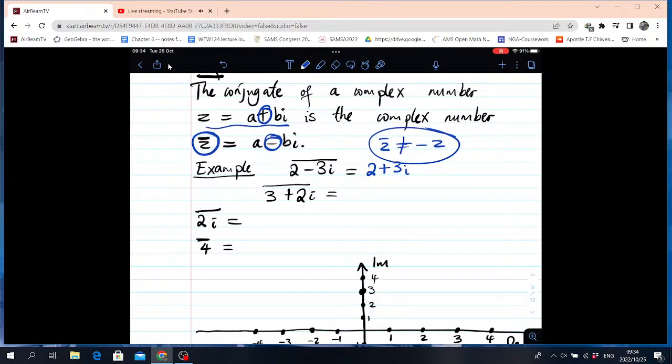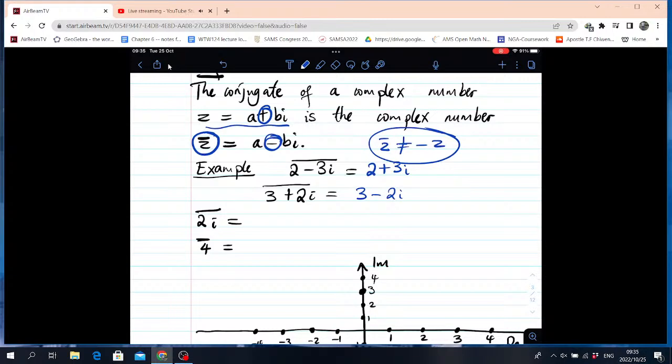And then if you've got 3 plus 2i, then the conjugate would be 3 minus 2i. And then we are going to draw these or put them on an Argand diagram to see the geometric interpretation of a conjugate of a complex number.